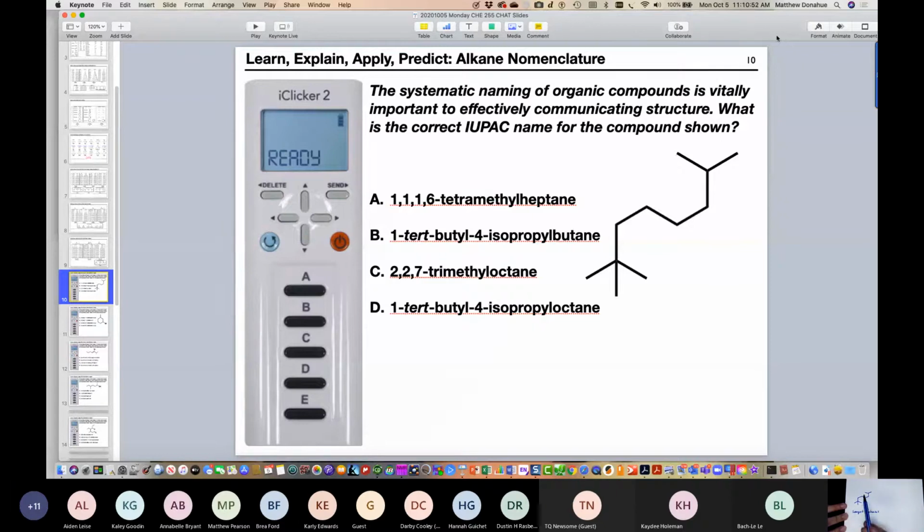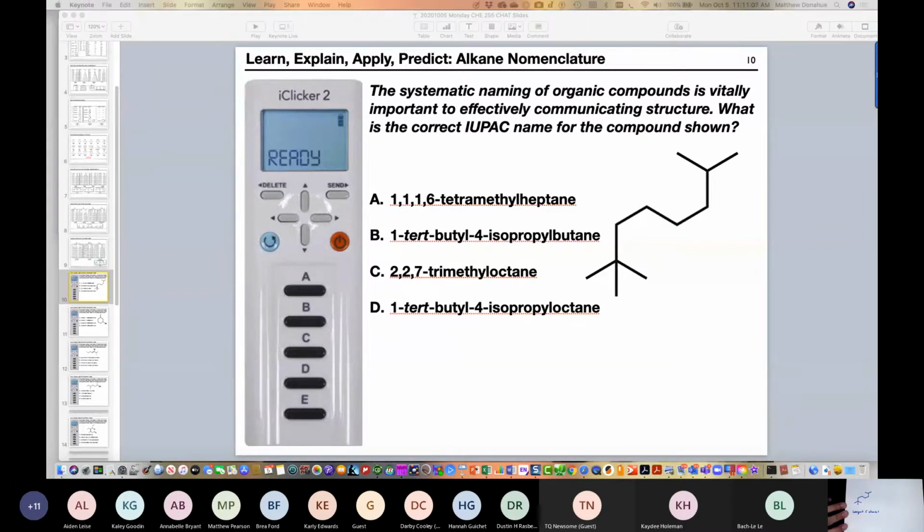And so what is the burden on you as the student when you're doing this type of problem? You have to count the different routes of that chain. So what do I mean by routes? Say I start at this carbon.